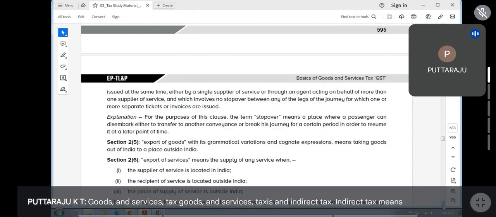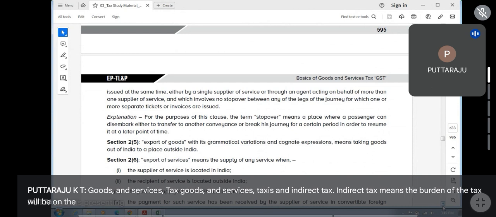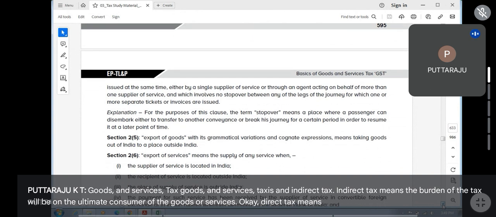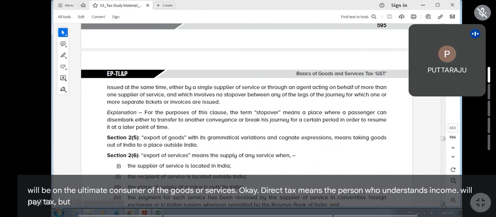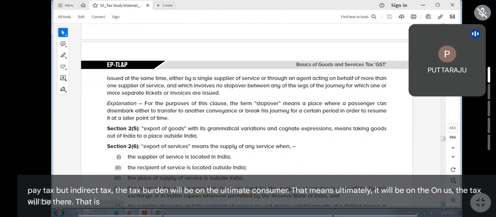Indirect tax means the burden of the tax will be on the ultimate consumer of the goods or services. Direct tax means the person who earns the income will pay tax. But in indirect tax, the tax burden will be on the ultimate consumer. That means ultimately it will be on us. That is indirect tax.